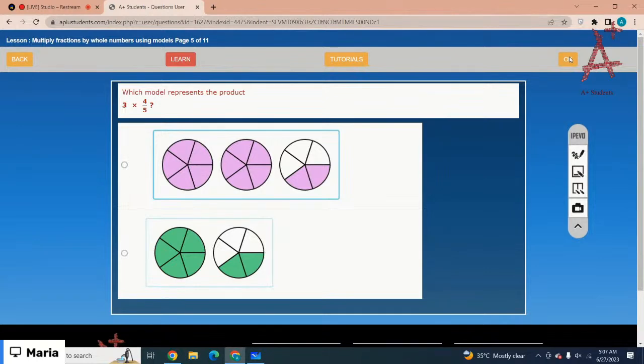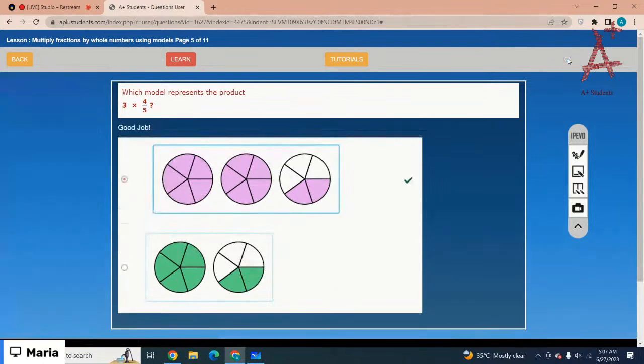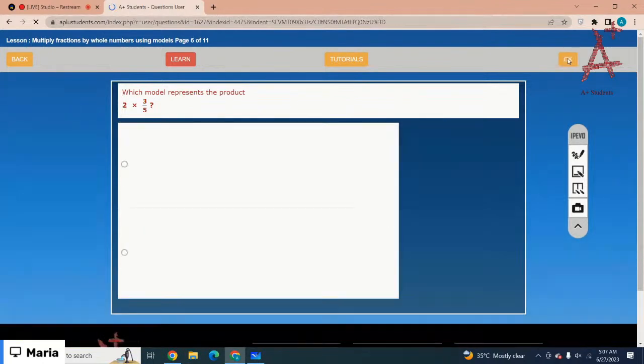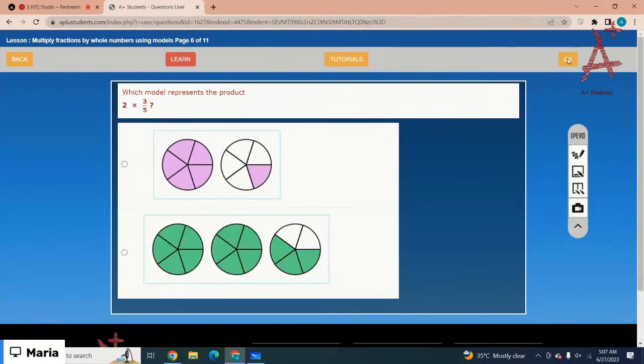Yes, the correct option is option number 1. 3 times 2 by 5, which is the correct option?